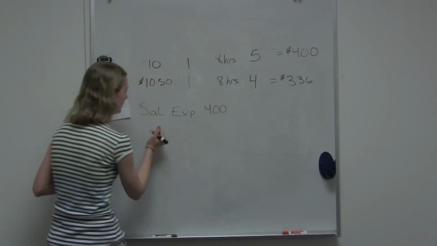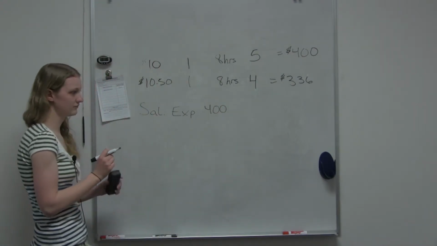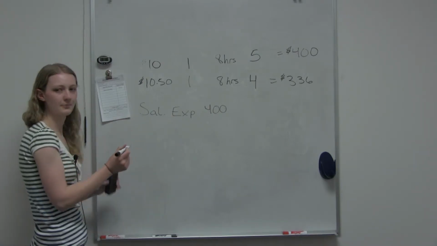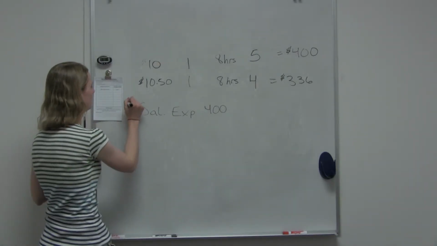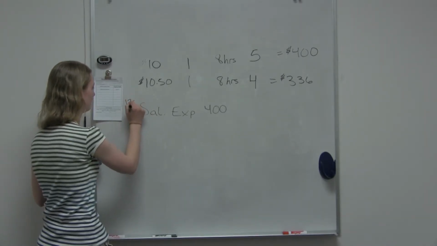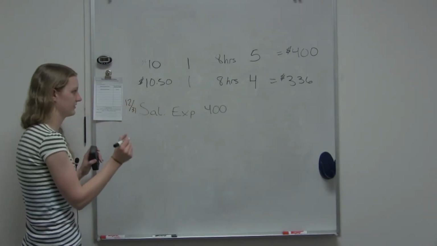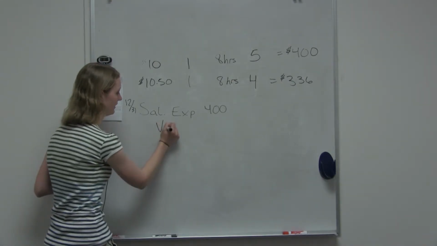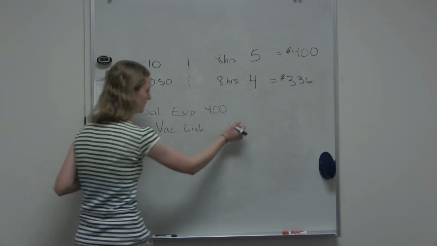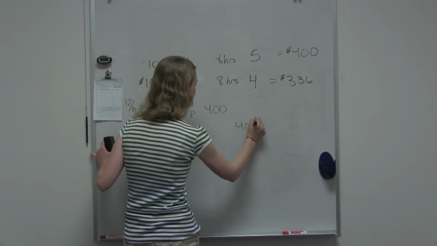So this is the first year, I'll just put 12/31 of this current year. And then vacation liability would be your credit, and you would do that for the 400.